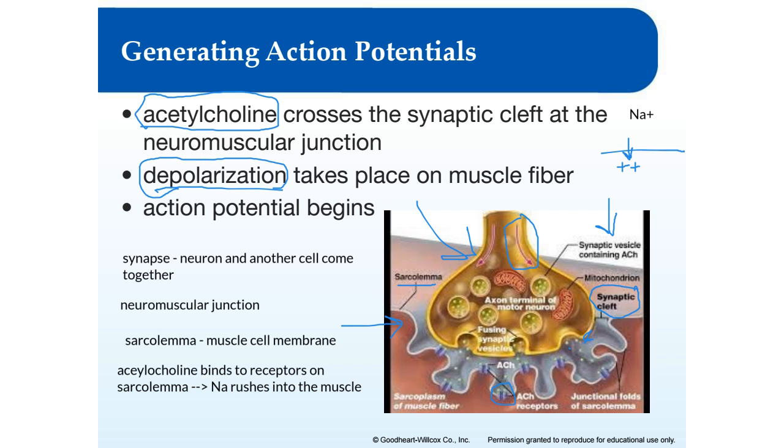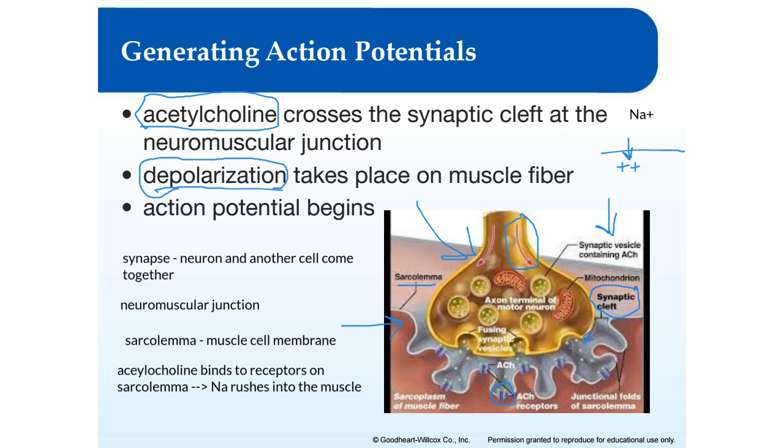We'll talk a little bit more in detail about that when we talk about neurons, and we'll look at some graphs with this. But basically, let's just introduce the term here. So this depolarization is going to change the charge of the membrane, and that's what's going to signal the muscle that it's time to contract.